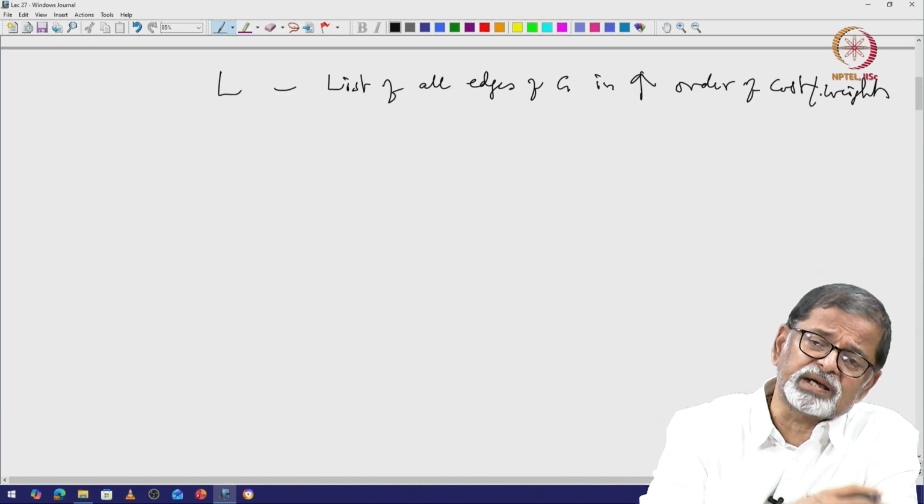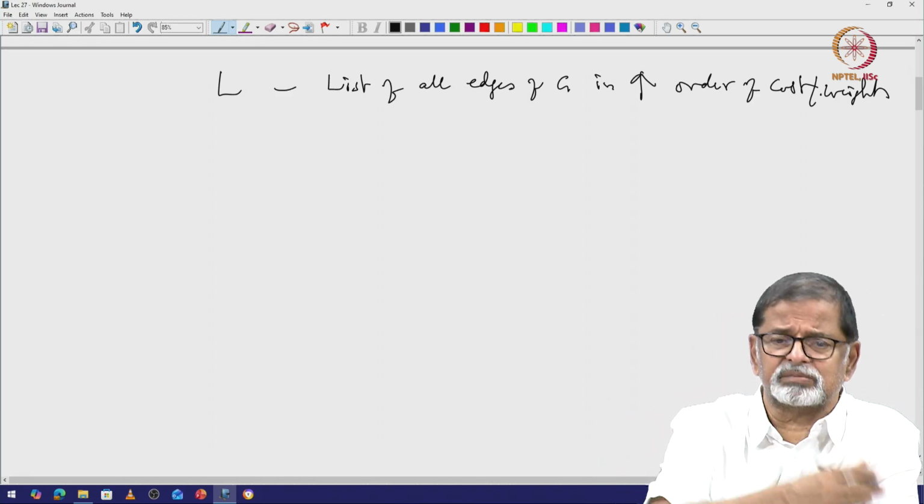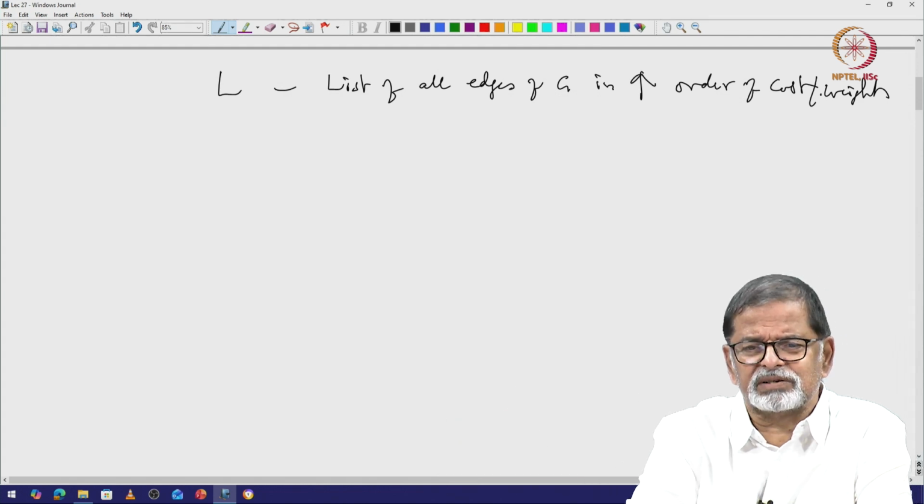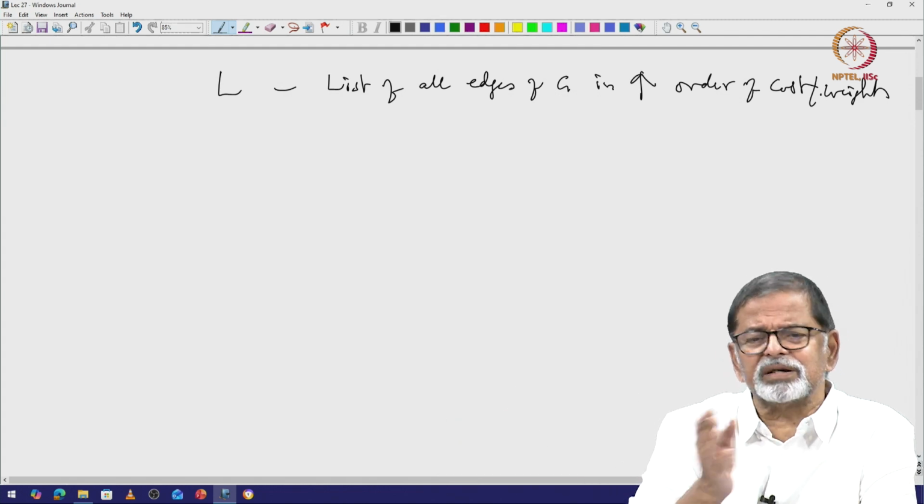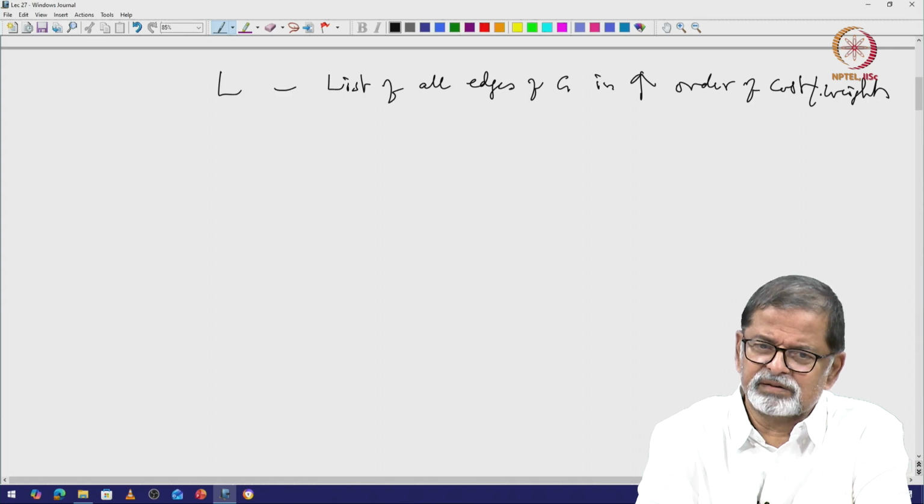Therefore, we are going to examine L in that order, from the cheapest to costliest. I will try to accommodate as many as possible.